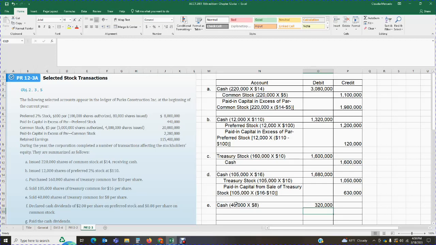Now we're going to offset that entry for that discount to my paid in capital from sale of treasury stock. That's going to be 40,000 shares times $10 minus 8.